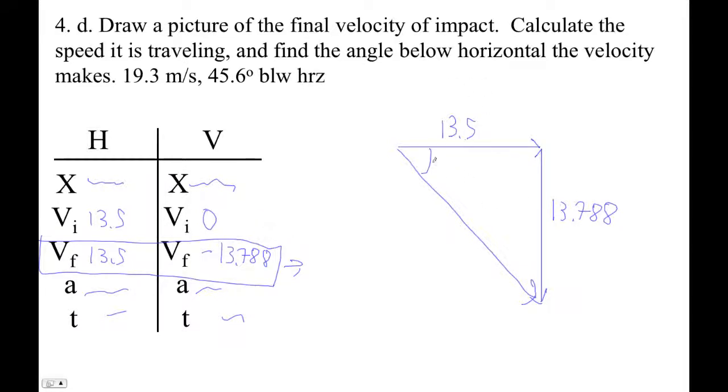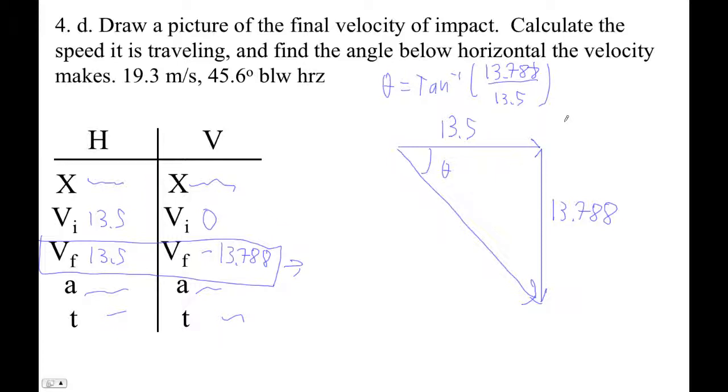So to find that angle theta, I'm going to do inverse tan of 13.788 divided by 13.5. So second tan of 13.788 divided by 13.5. All right, here we go.